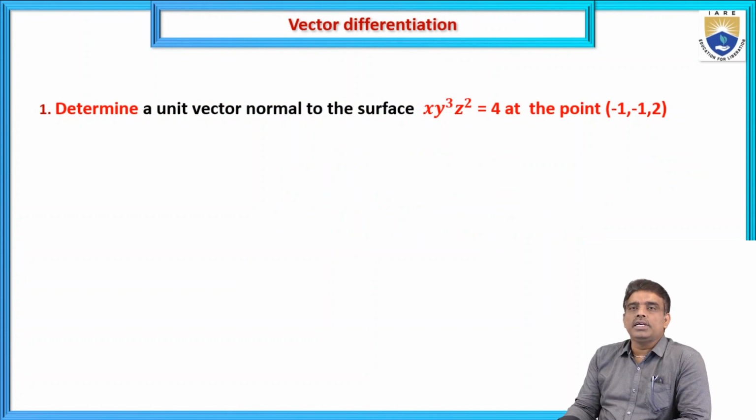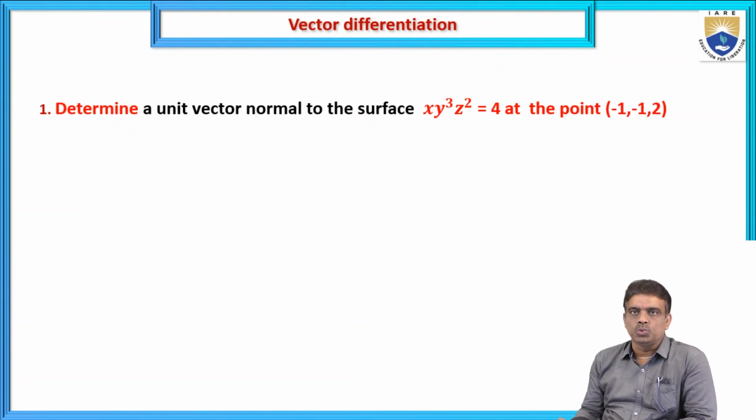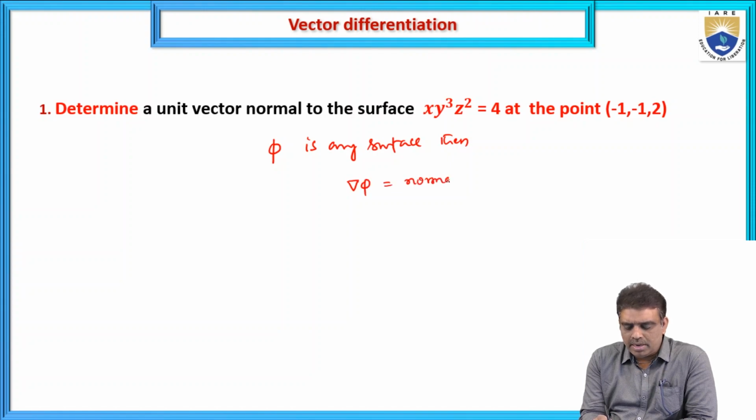Determine a unit vector normal to the surface xy³z² = 4 at the point (-1, -1, 2). We know that if phi is any surface, then grad phi is the normal vector to the surface.